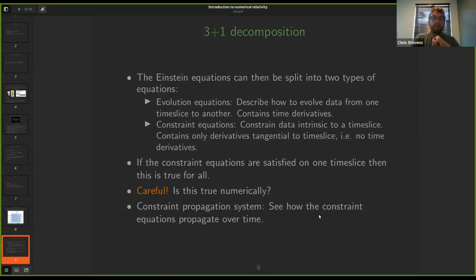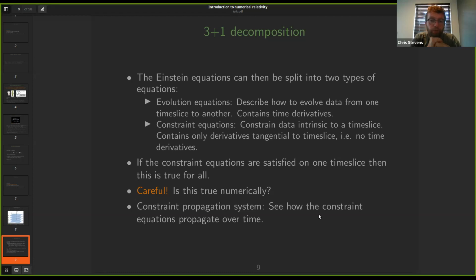Okay, so that gives us evolution equations. Given a set of data on one of these slices that satisfies the constraint equations, the evolution equations tell us how the data evolves in time. So as you would expect, this would contain time derivatives.